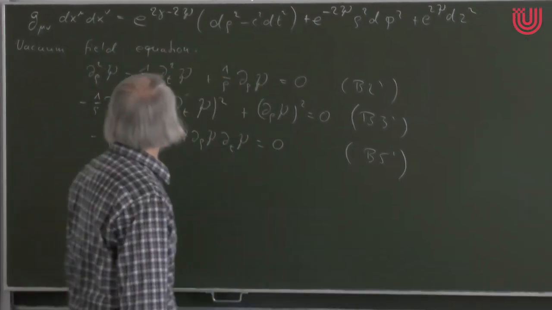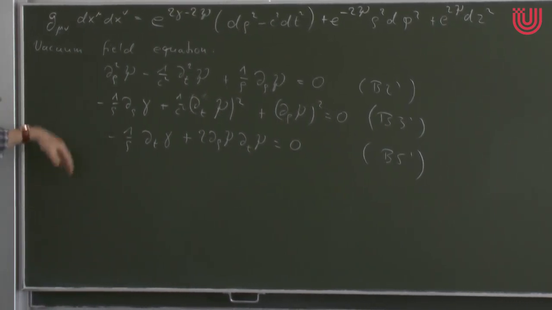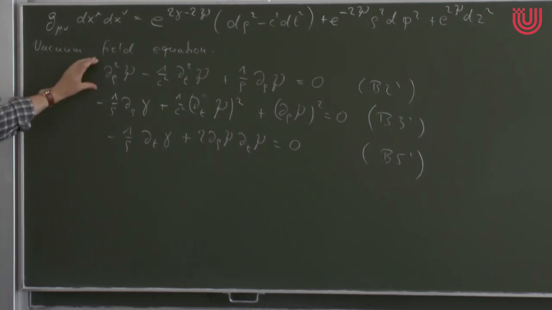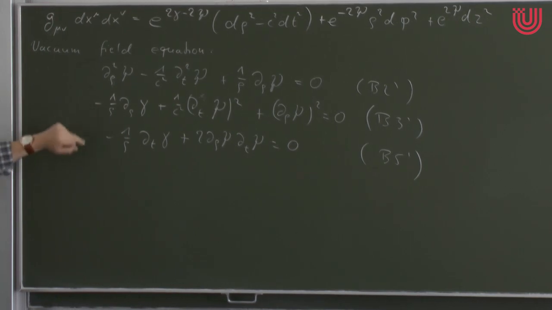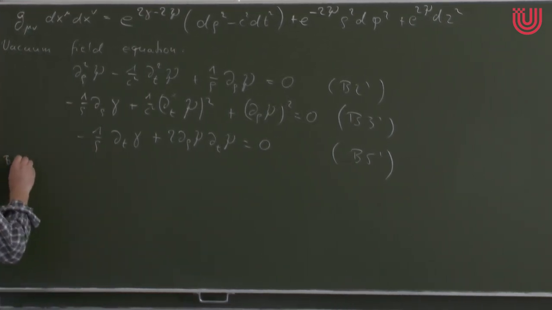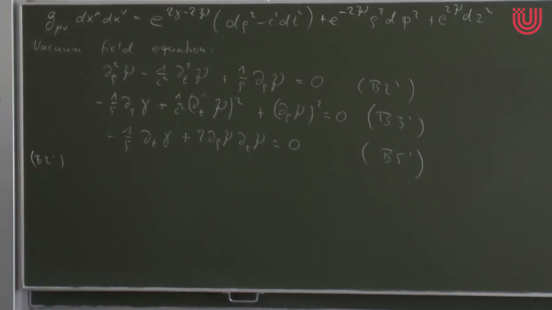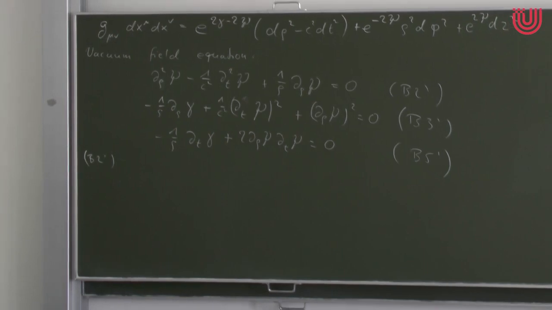And you see the nice thing is that the first equation involves only psi. So the way in which you solve this system of equations is you first deal with this equation, you determine psi, and then with the help of these two equations you determine gamma. So B2 prime is just the wave equation in cylindrical polars, a standard wave equation.